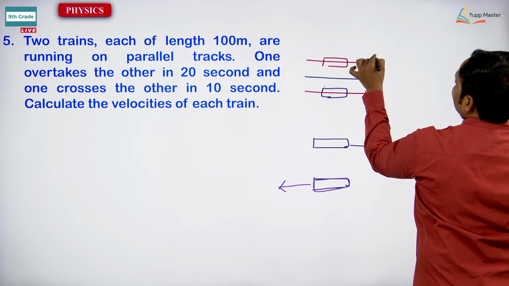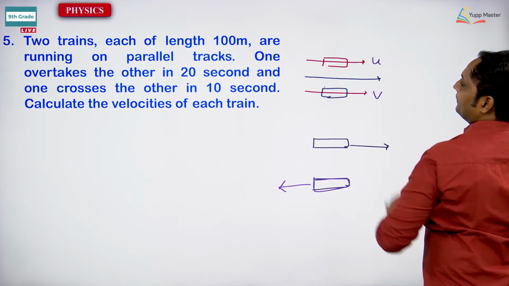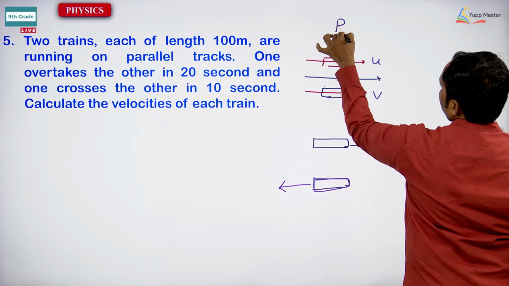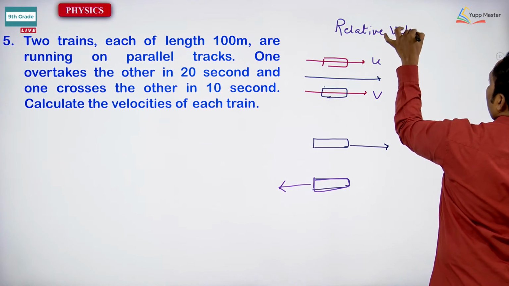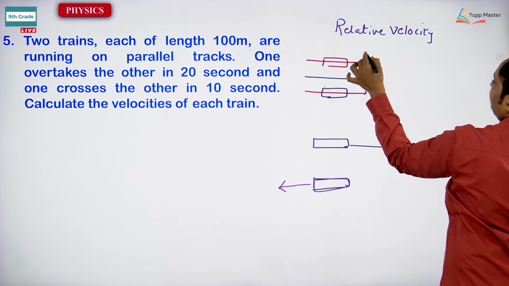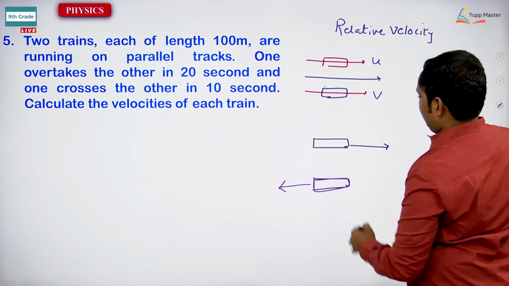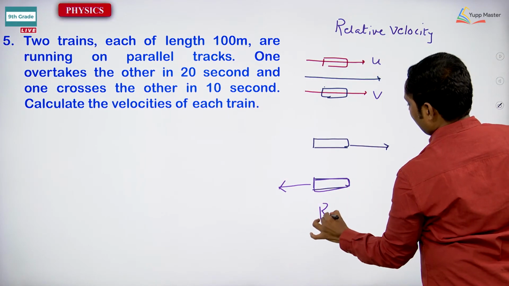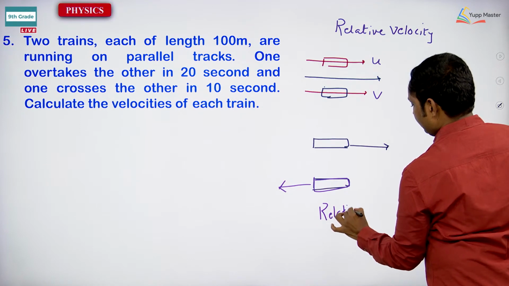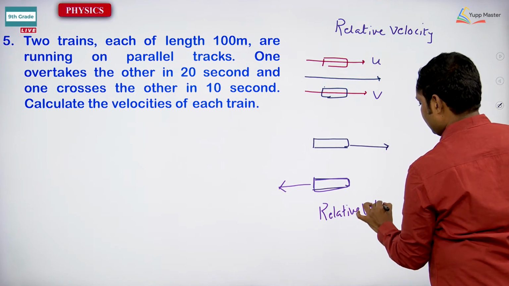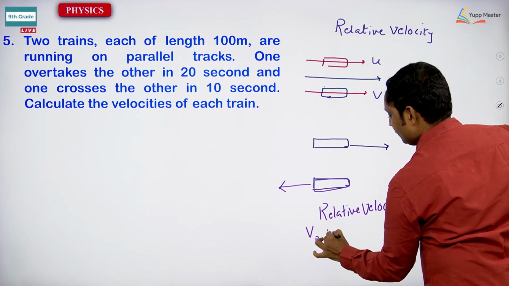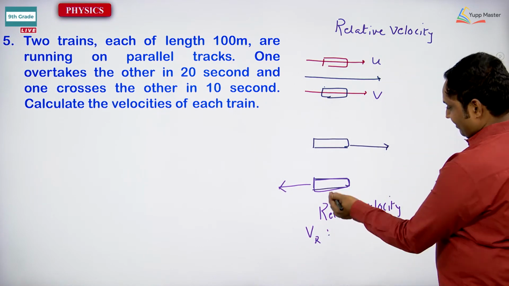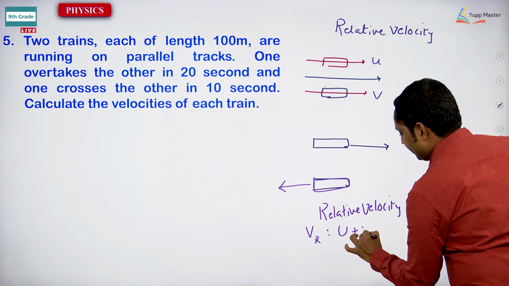You can take that, this is the u and v. Now you take the relative velocity, just take that relative velocity. Here the relative velocity Vr is going to be u plus v.